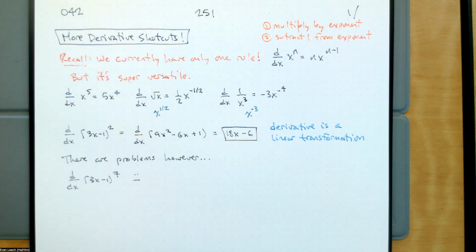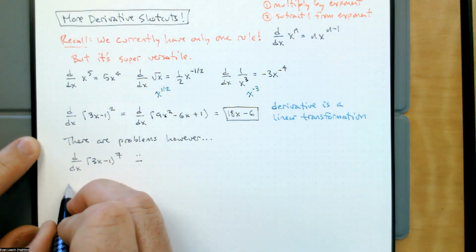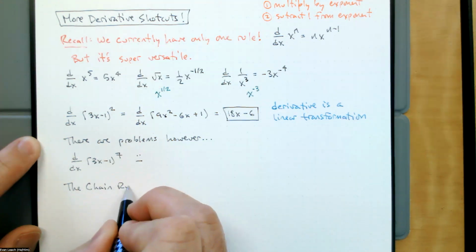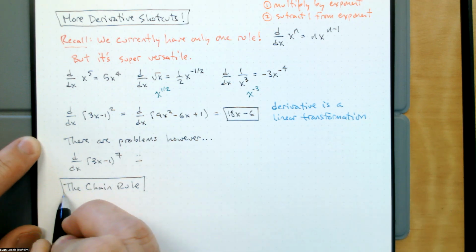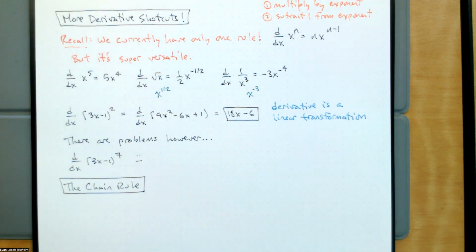Fortunately for our heroes, we have rules. We have ways of dealing with compositions of functions. So we have a rule called the chain rule.